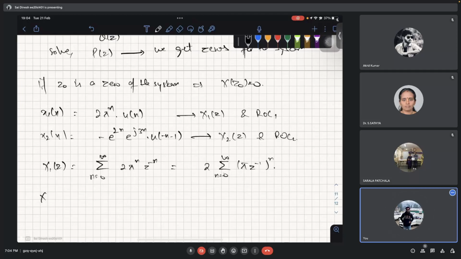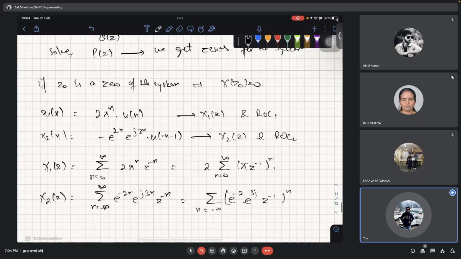Solve it, and then x2 of z would be sigma n equal to minus infinity to minus 1 of e power minus 2n e power minus j3n z power minus n, which implies e power minus 2 e power 3j into z power minus 1 whole power n.